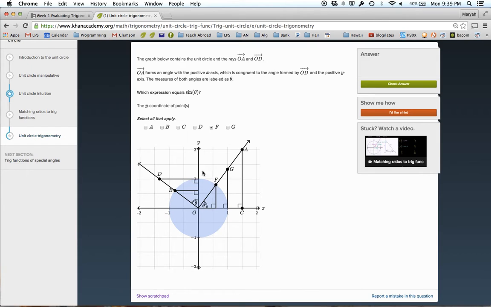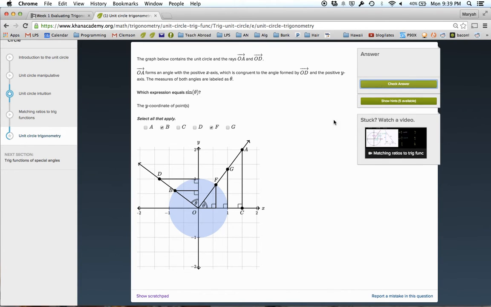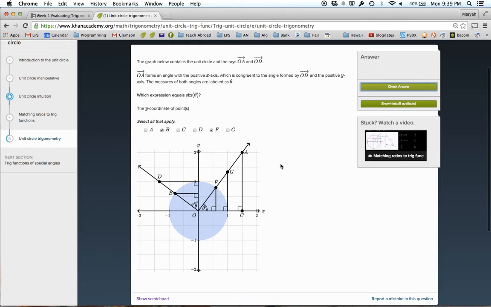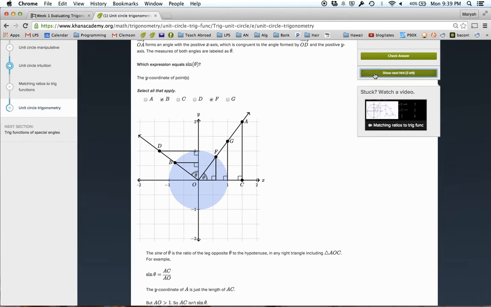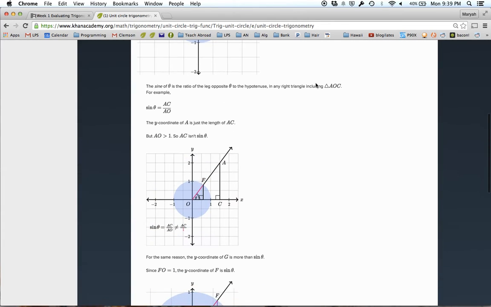I believe. And then y value would be b. So let's see.